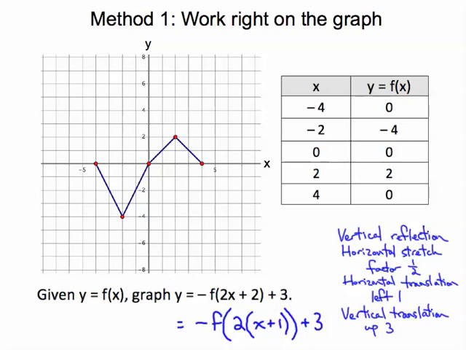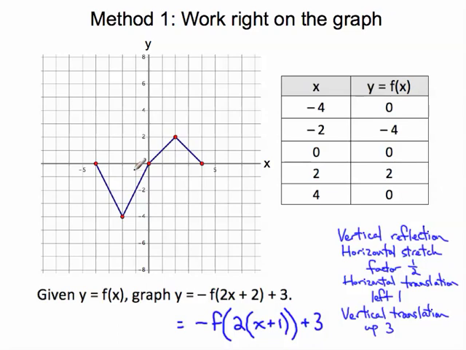Okay, now that we've got those, if we wanted to work right on the graph, what we would do is take each of the major points on this graph, or if you were working from a different parent function, you choose a few important points, and we want to take them through all of the different transformations, keeping in mind that we need to do reflections and stretches before we do translations.